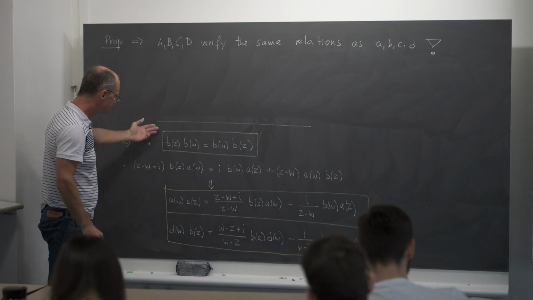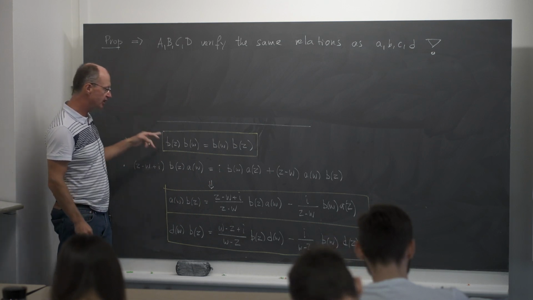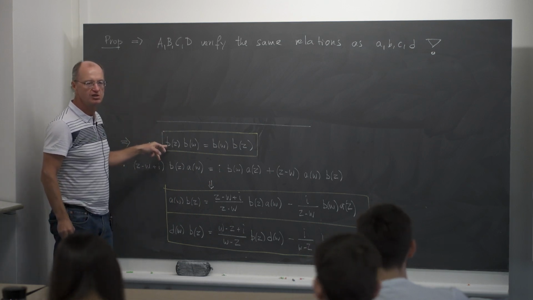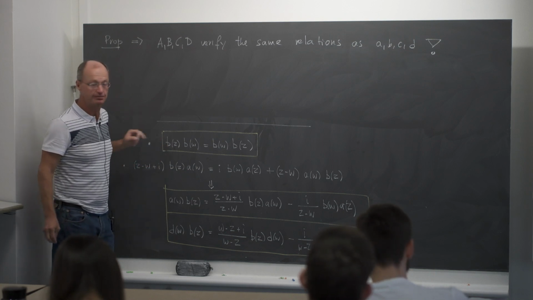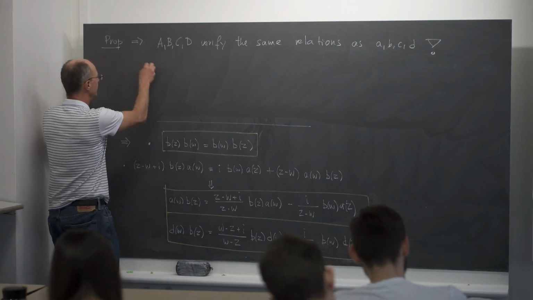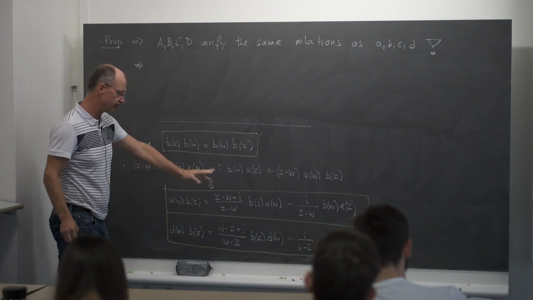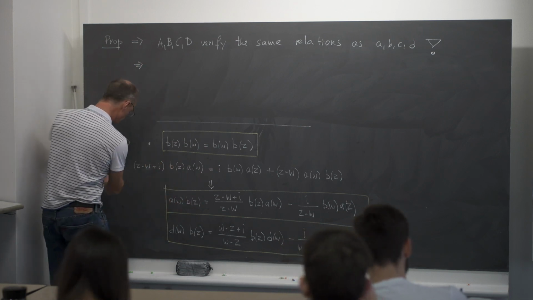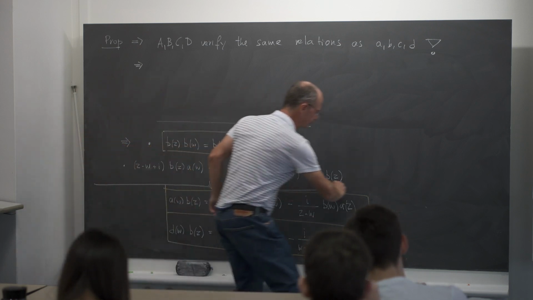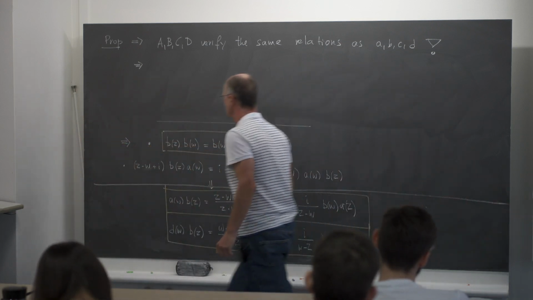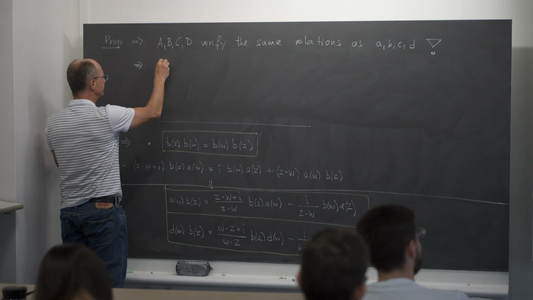In particular, those relations here, you can exchange small letters by capital letters. I will not be rewriting those relations, we'll keep them and later use for capital A, B, C, D, but let me just rewrite two of them.